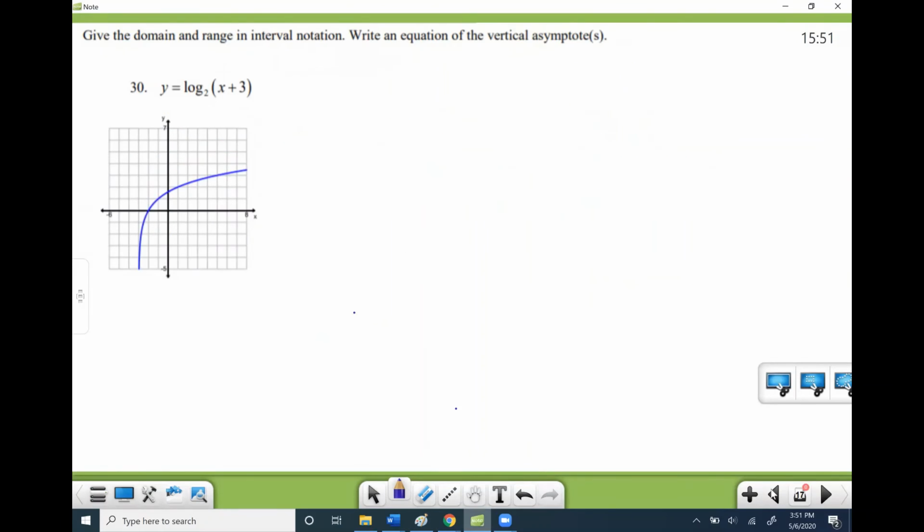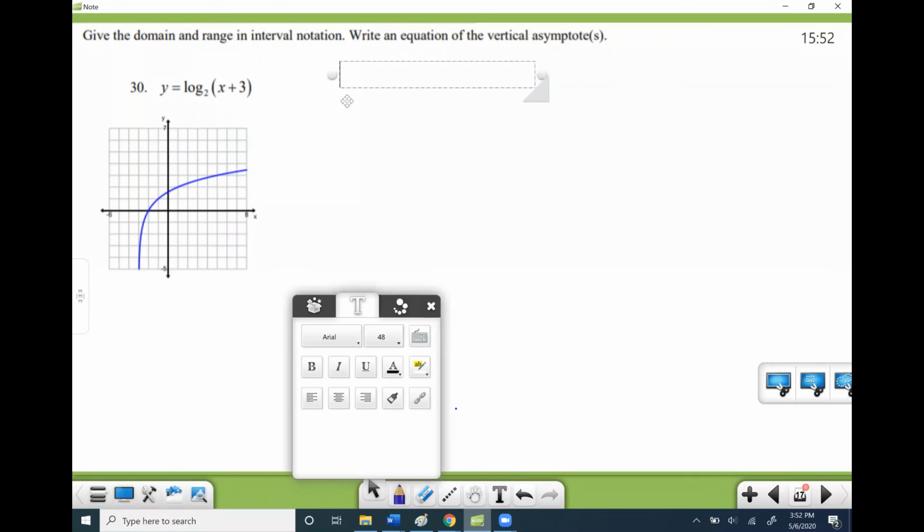Okay. So let's see here. Can you guys hear me? Yeah, okay. All right. So give the domain and range in interval notation, write an equation of the vertical asymptote. So to find the domain, you're always going to take the stuff inside the parentheses and make sure it's strictly greater than 0.